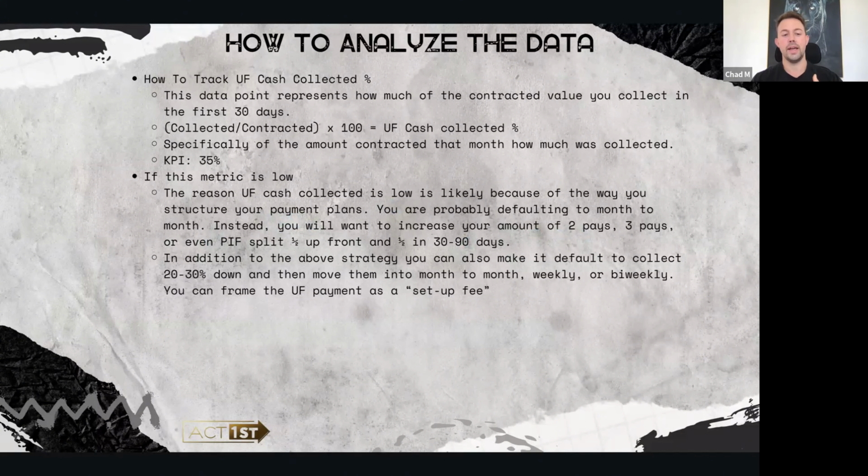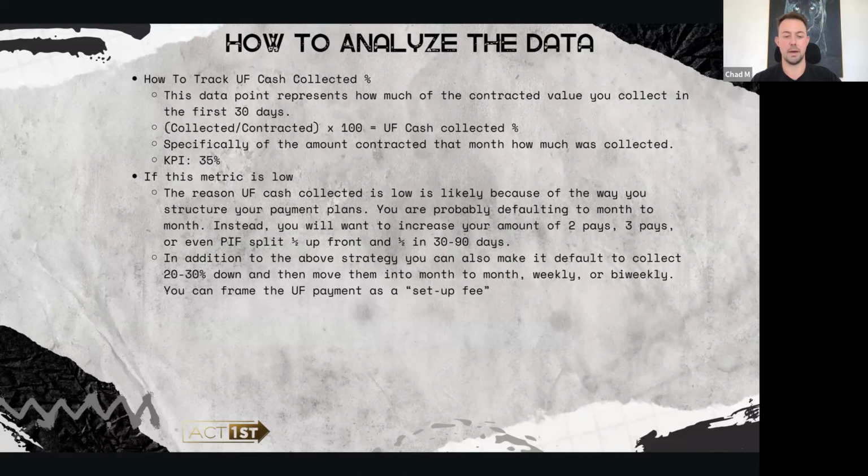The other thing here, in addition to the above strategy, is you can also make it default to collect 20 to 30% down and then move them into month to month, weekly, or bi-weekly. You can frame the upfront payment as a setup fee. Now, this is something you'd have to run by the company you work for, but you can make it your personal standard that you collect 20 to 30% down.